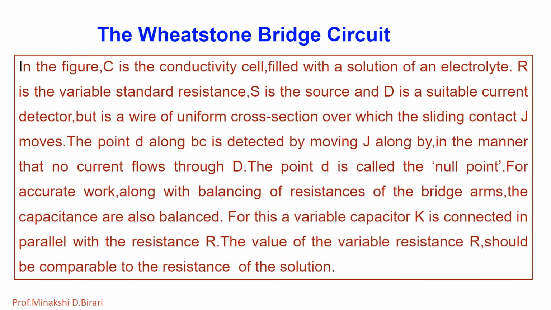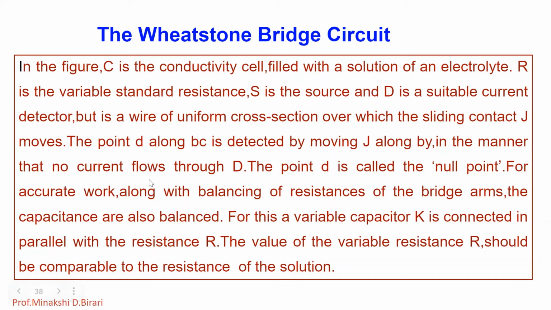So the Wheatstone bridge circuit will be represented by the figure. We already explained. We can explain the Wheatstone bridge circuit by using that figure. By observing that, we get C is the conductivity cell, R is the resistance, S is the source, D is a suitable current detector, then a wire of uniform cross section over which the sliding contact J moves, and the point D along BC, which is known as the null point.